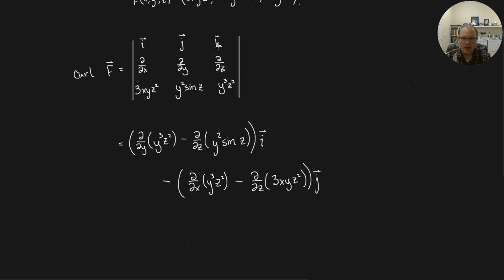And finally, the k component. Imagine canceling out the wrong column with the k in it. I'm going to put these two together and subtract what I get when I put these two together. So these two together, partial derivative with respect to x of y squared sine z, minus, put these two together, partial derivative with respect to y of 3xyz squared.